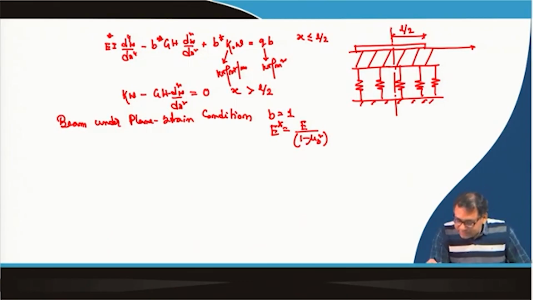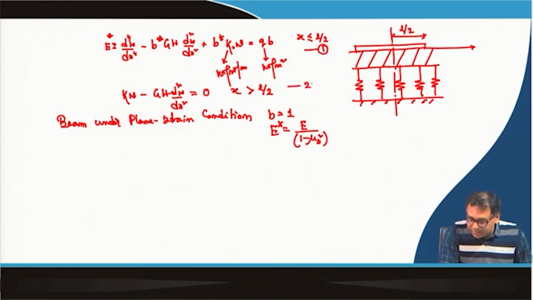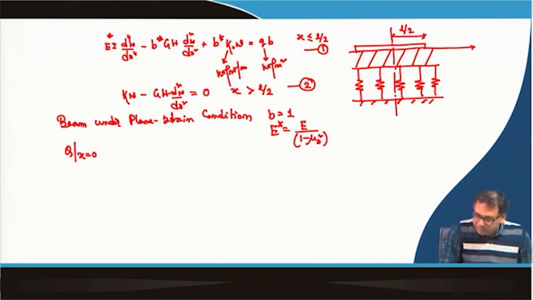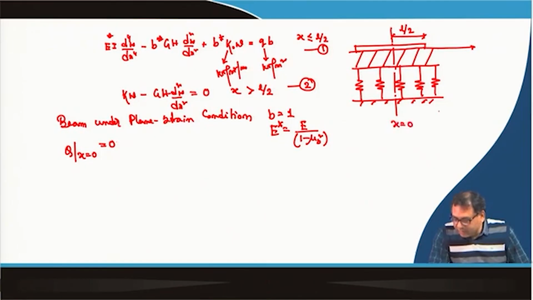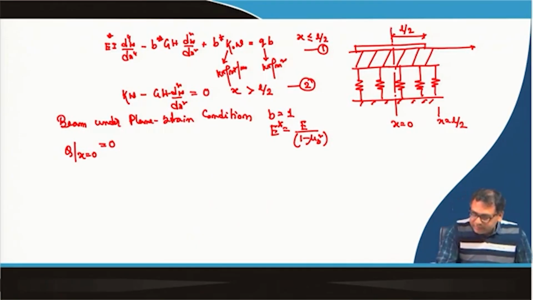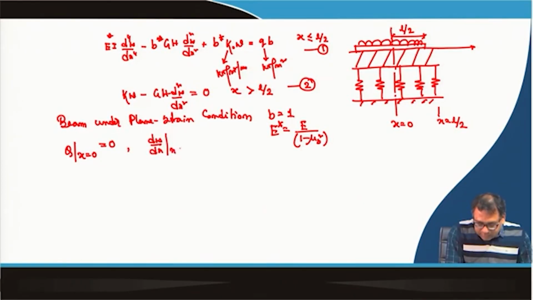So, what are the boundary conditions in such a case? Now we have two equations, equation number 1 and equation number 2. For equation number 1, the shear force at x equal to 0 is equal to 0, this is your x equal to 0 and this is x equal to L by 2. The shear force is 0 because we are applying the UDL and it is a free end beam, and dw/dx at x equal to 0 is also 0.